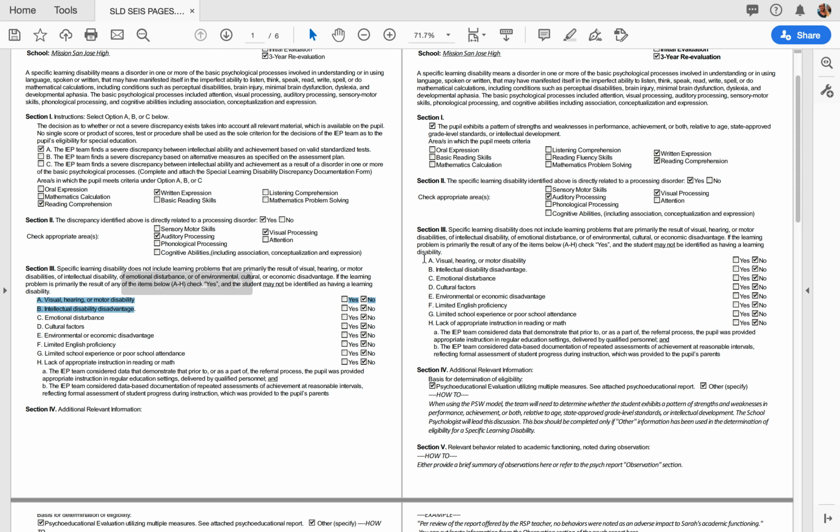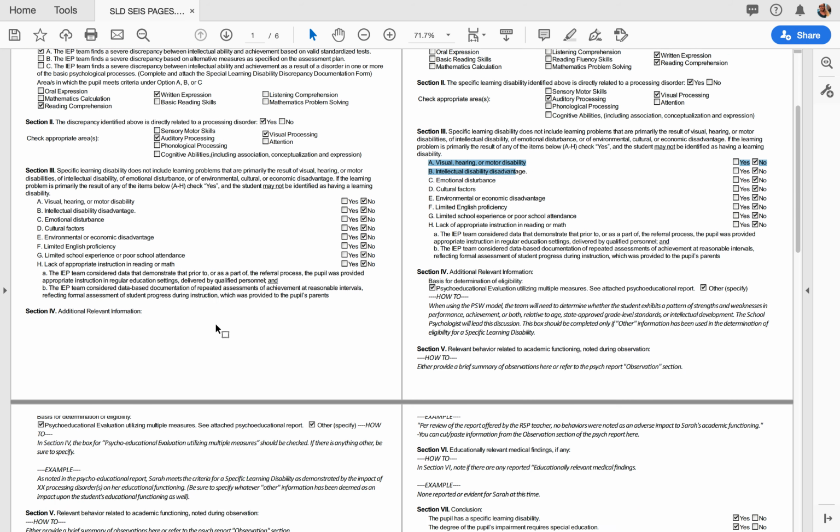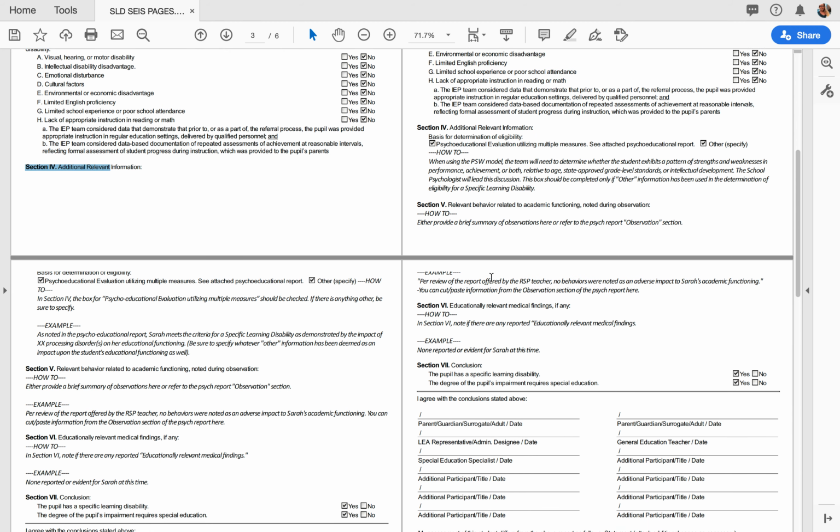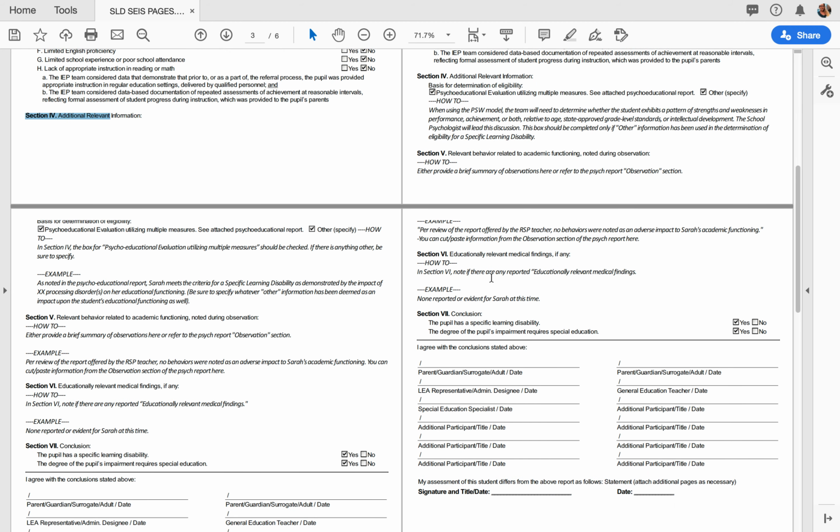Same thing in both sections. So if we scroll a little further, right here on the left side, which is the SLD page, section 4 starts here, and you'll get to see a little more of section 4 on the PSW side. I'm just going to scroll up a little bit so you can see more of both sides.